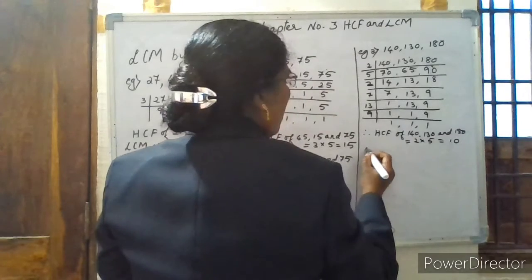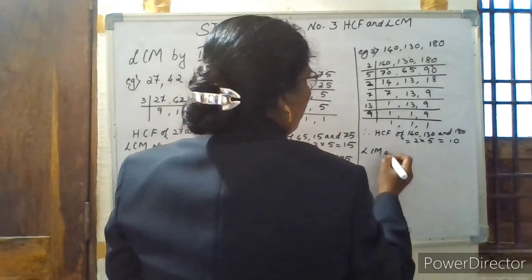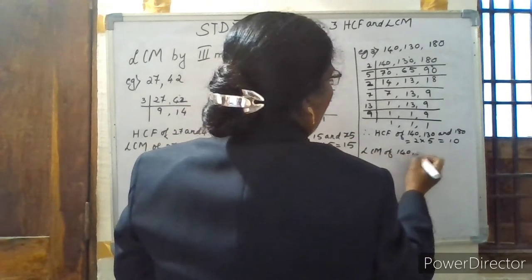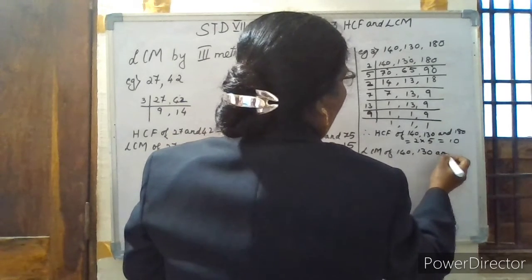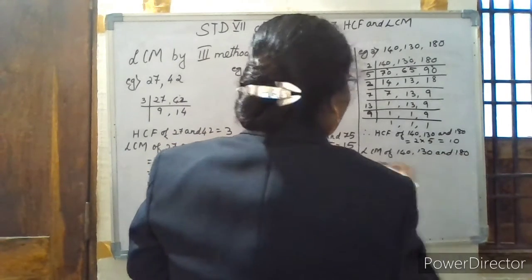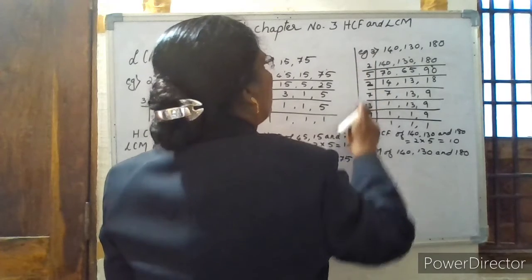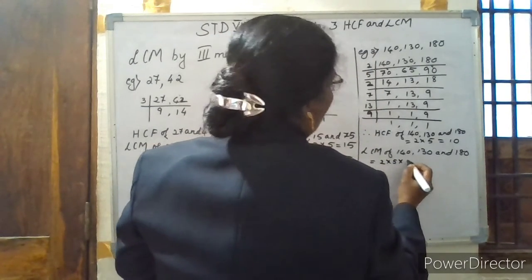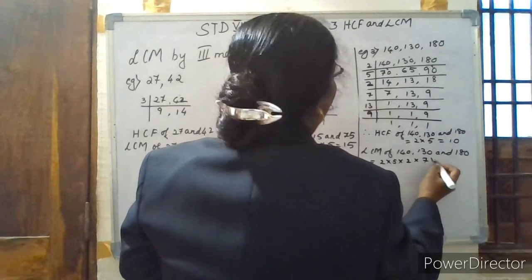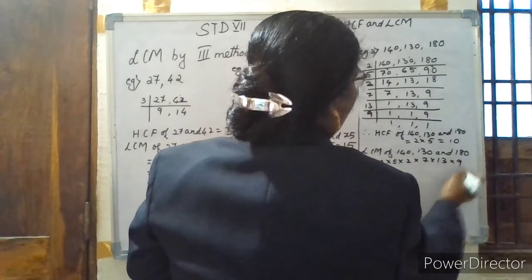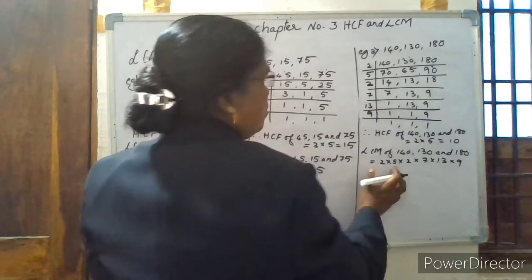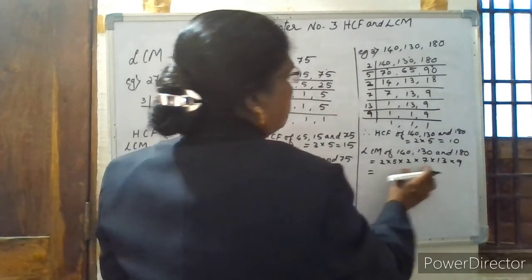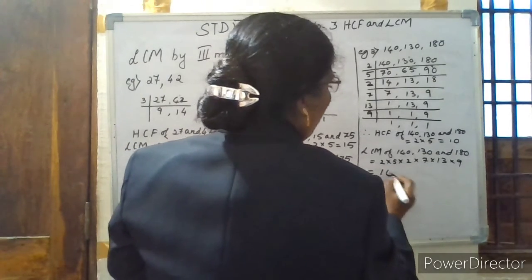Then the LCM of 140, 130 and 180 is equal to the product of all these: 2 into 5 into 2 into 7 into 13 into 9. 2 5s are 10, 10 2s are 20, 20 into 7 is 140.